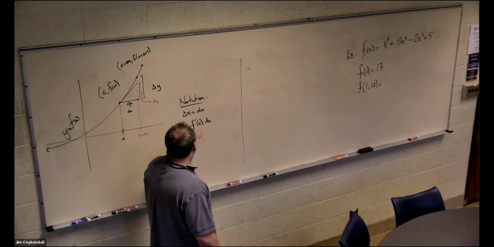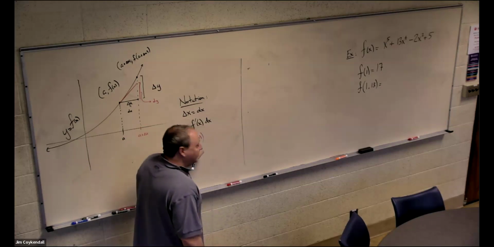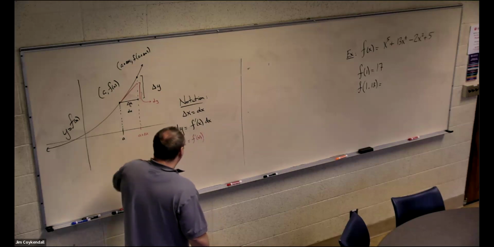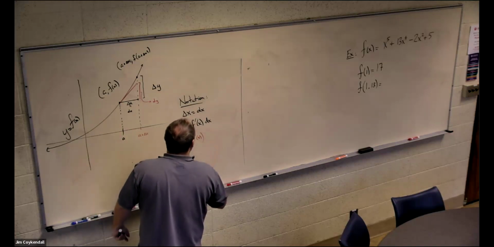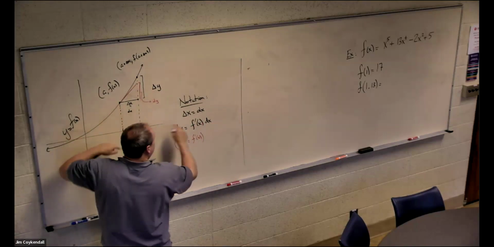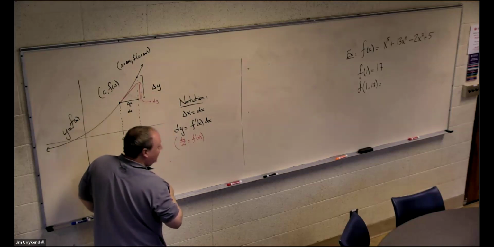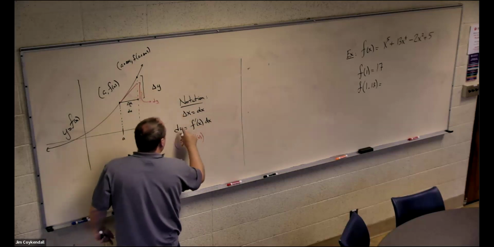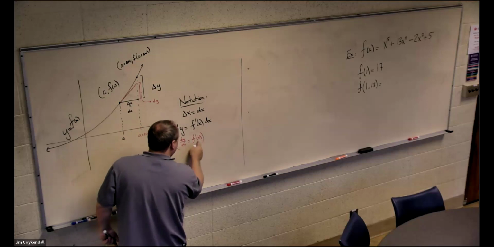This thing right here is called the differential, and it's used to compute this. And what does this f prime tell you? It's the slope of the tangent. So what this equation says is, when you take the slope of this line, the red line, times how much you change in x, that gives you your dy. That is, multiply how far you go by the slope, and that tells you how much you rise. Rise over run, the slope of the tangent.